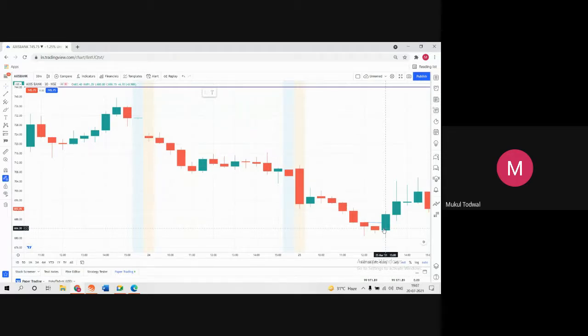So we'll just go with 5 indicators only. That gives you a probability that out of 10 trades, at least 7 to 8 will be very successful trades for you. And yes, when your luck is not with you.